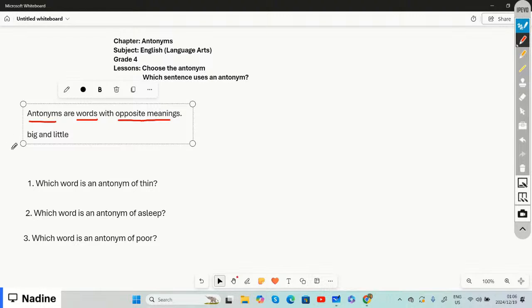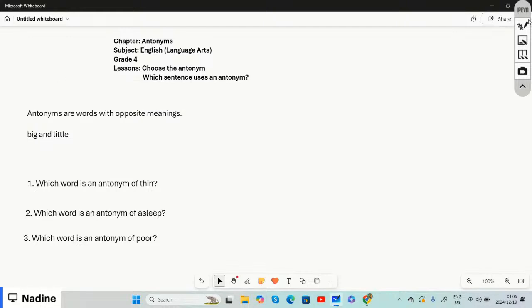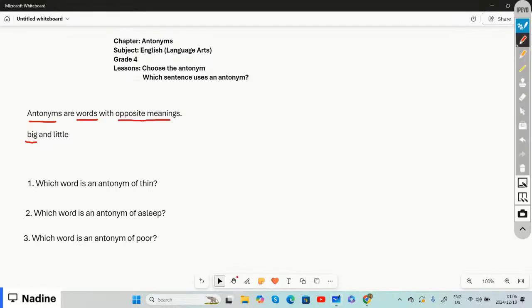For example, big and little. The opposite of big is little.